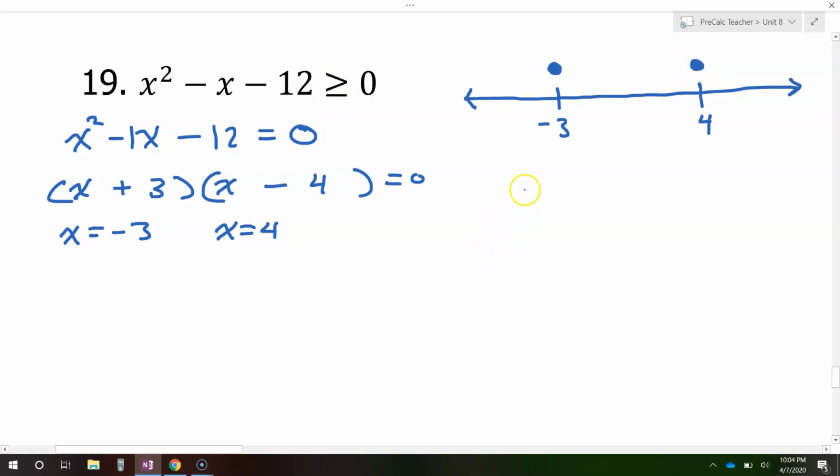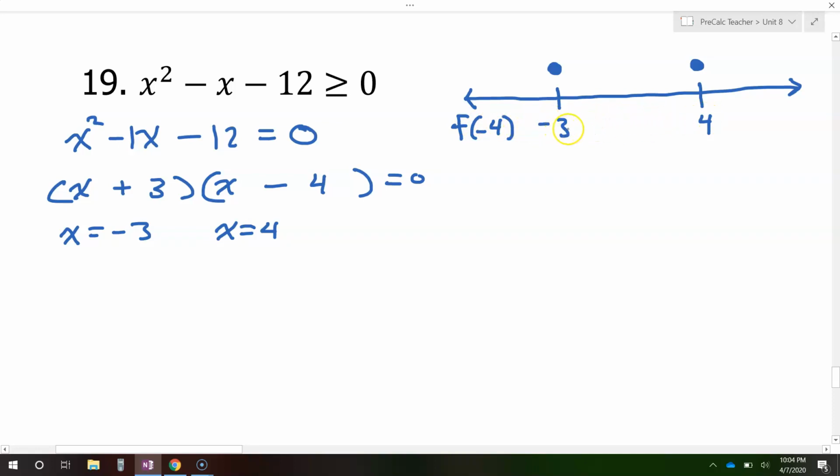Now we need to do some test values. I have 3 different zones here. I need to check out what is the value of the function in each one of these zones. So over here, it might be interesting to check what's happening at, for example, -4 would be in this zone over here.